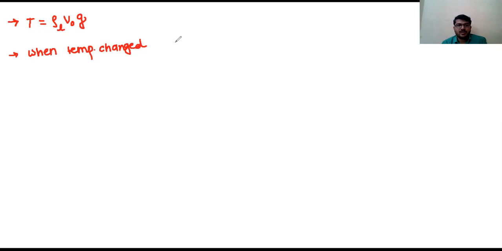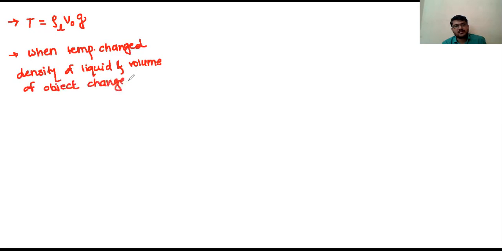So here, when temperature changed, density of liquid and volume of object changes. Yes, we have learned this before, effect of temperature on volume. Already we know effect of temperature on density of liquid, that also we have learned.